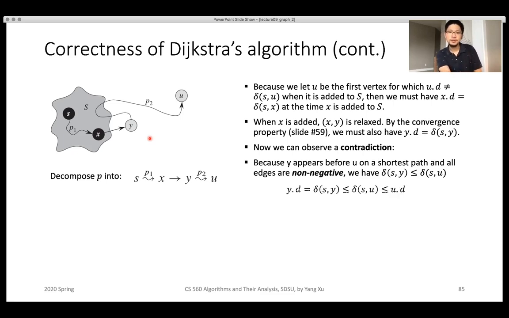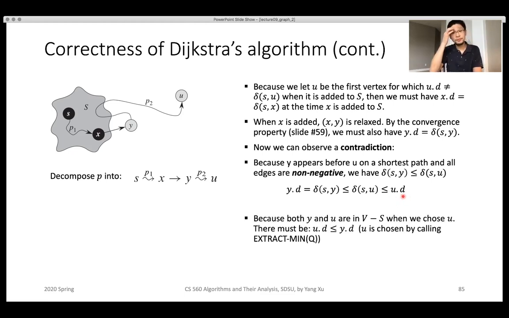So we have this inequality: the D of Y, which is the delta between S and Y, is smaller than or equal to the delta of S and U, which is also smaller than or equal to the D of U, because both Y and U are in V minus S, outside S.